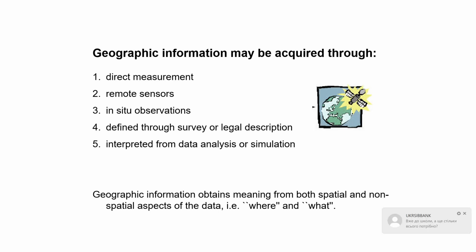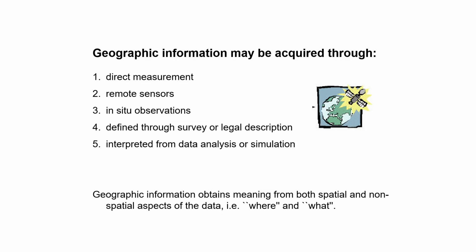We can get useful information directly by measurement. For example, use a ruler on a screen to measure the distance between two points.